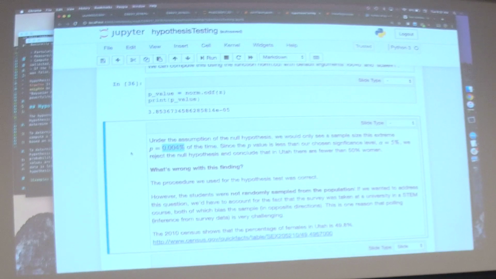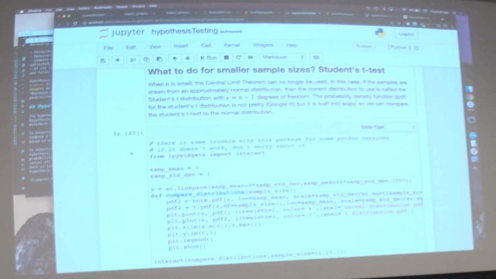So there's this other distribution called the Student's t-distribution. It looks kind of like the Gaussian, but the tails are much fatter, which means you have to go further out to be more sure that you're outside of the range. So the Student's t-test is useful when you're less certain about your data.